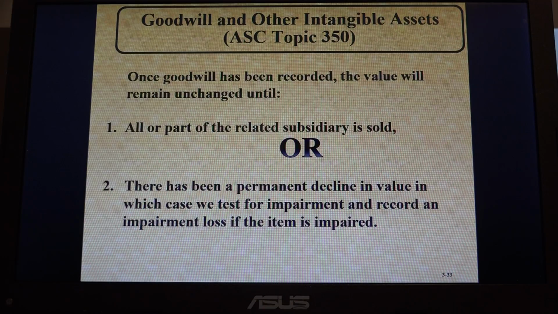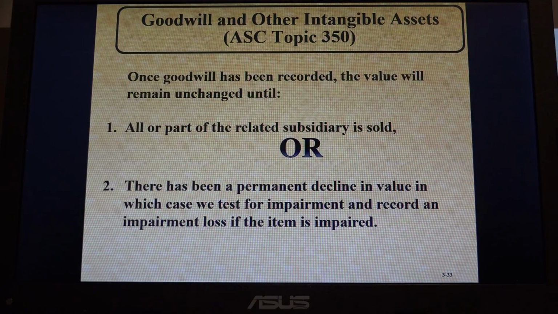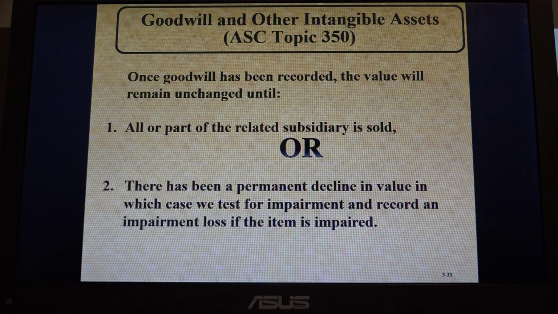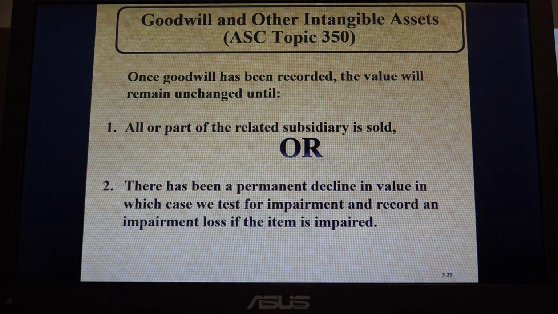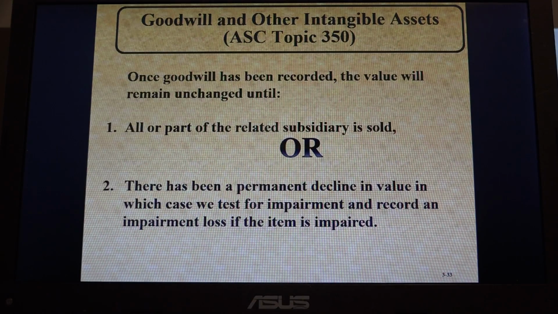In that case, we do a subjective test, which they call a qualitative assessment. In other words, we're looking for qualities out there that would cause our goodwill, as well as the overall value of that operating unit, to go down.